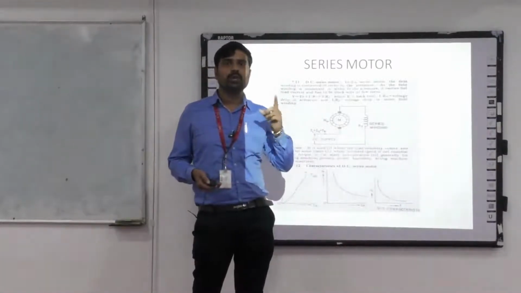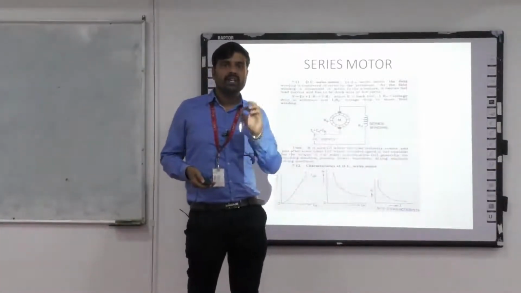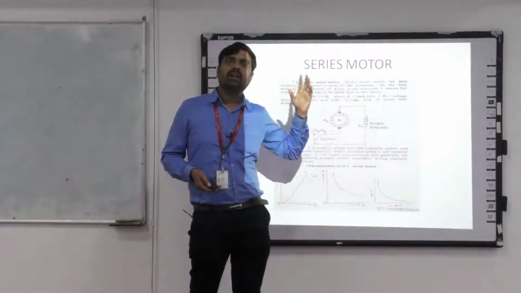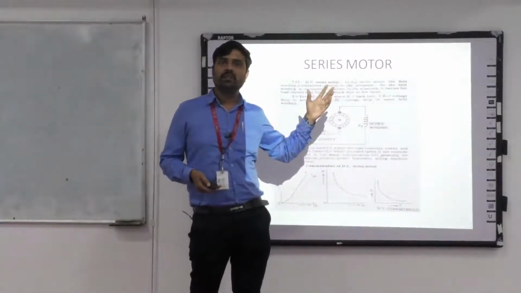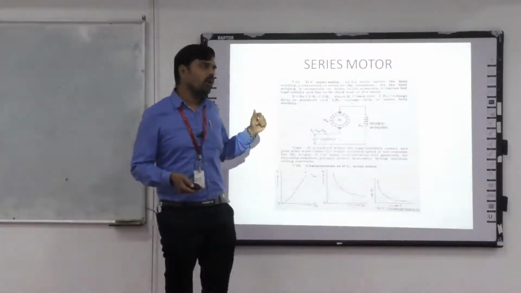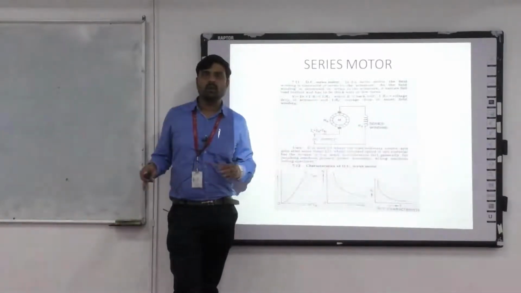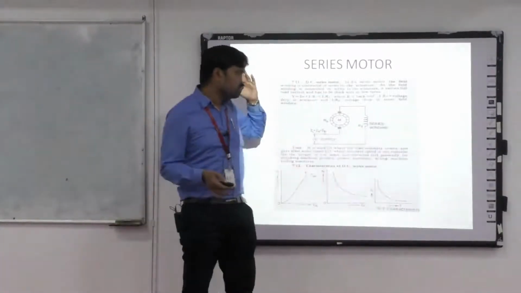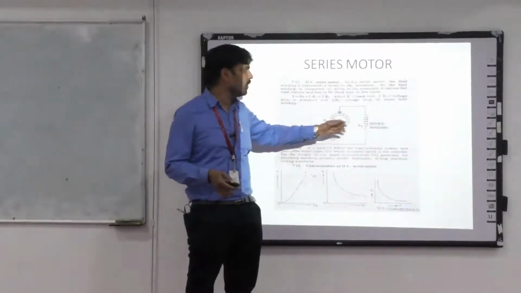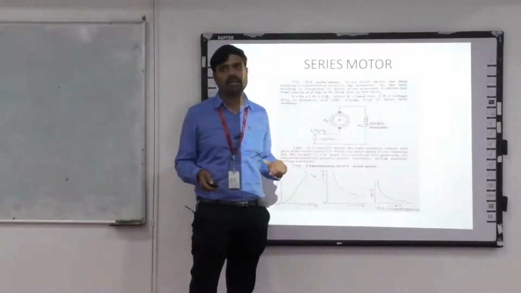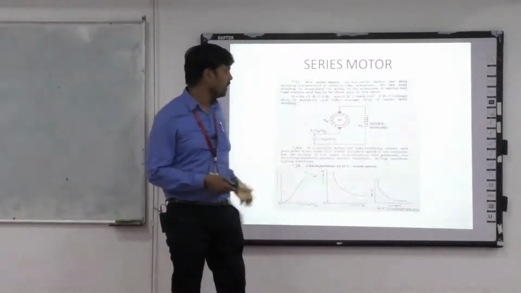So N is proportional to Eb by φ. When the flux is less, the speed will be very high. To avoid that, we have to start the motor with the load. Since we are operating with the load, the flux can be controlled, and when the flux can be controlled, the speed can be achieved.